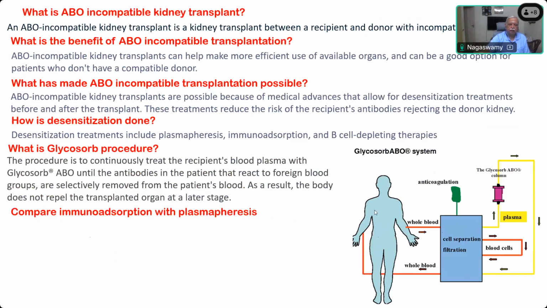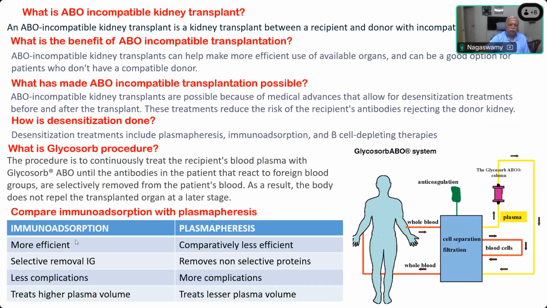So the comparison between immunoadsorption and plasmapheresis: immunoadsorption is more efficient compared to plasmapheresis, which is less efficient. You selectively remove only the antibodies, whereas in plasmapheresis you remove all the proteins. So the patient may lose all the other coagulant proteins also in plasmapheresis.